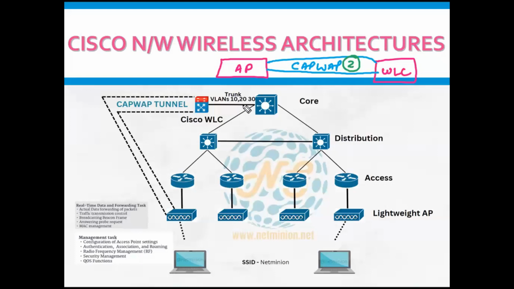Maybe before that, I wanted to tell you one more thing. Your WLC is going to have two CAPWAP tunnels with each AP, that I talked about. These are the control tunnel and the data tunnel, respectively.